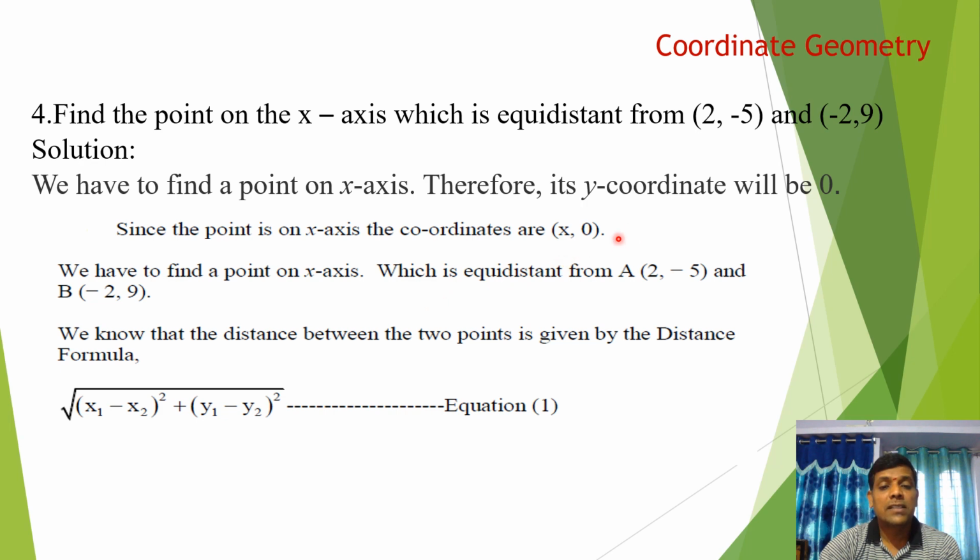These two distances are equal. We know that the distance between 2 points is given by the distance formula, root over (x1 minus x2) whole square plus (y1 minus y2) whole square.